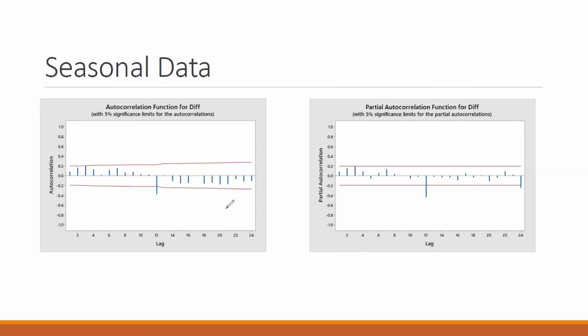All right, let's determine which one is dying out and which one is cutting off. To determine that, we don't look at lags 1, 2, 3, 4 anymore. We actually look at the seasonal lags, like number 12 and number 24, and determine if these lags are cutting off or dying out.